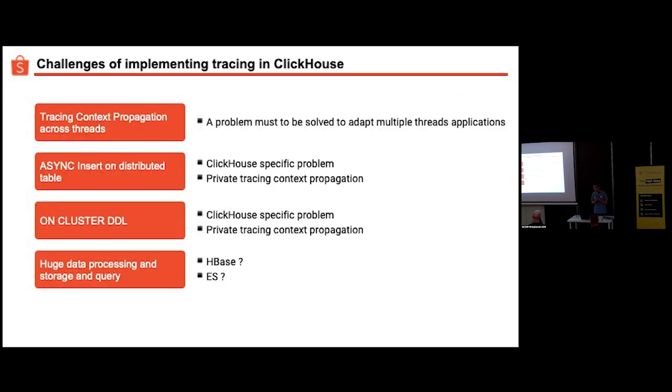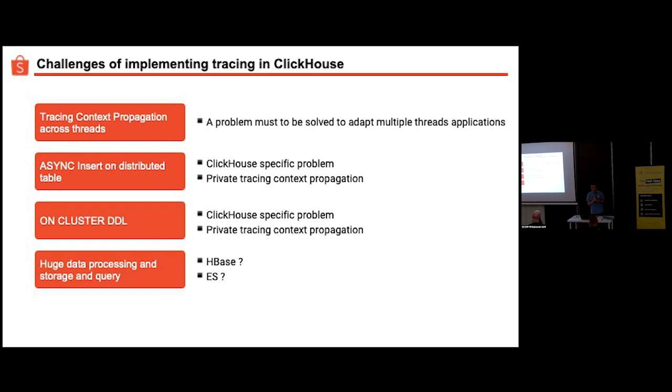So in ClickHouse, there are some challenges to implement such a feature. The first one is that because it's a C++ application, we cannot use the Java agent to do the tracing context propagation. So we have to do it ourselves from scratch and carefully handle the tracing context propagation across threads.